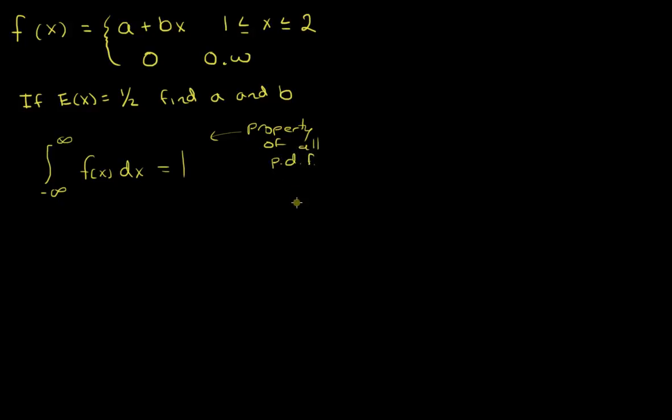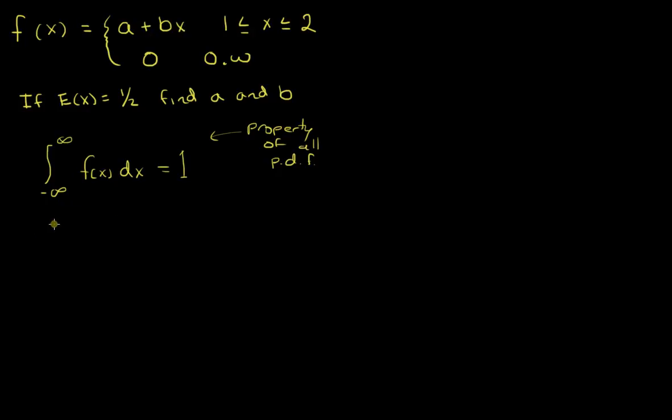Let's talk about what this PDF is. From negative infinity all the way until I get to values that are less than 1, the PDF is 0. It's only when x is between 1 and 2, including 1 and 2, that f is a plus bx.